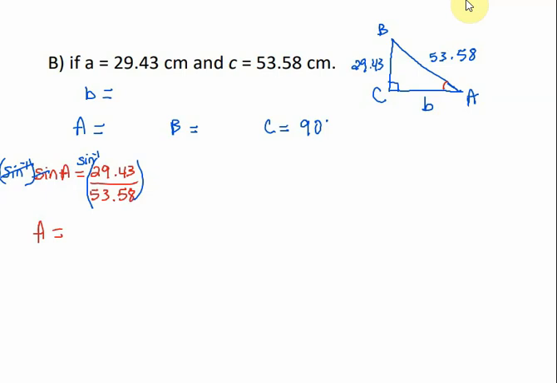So all we do is plug that into the calculator. Remember, you have to hit the sine button twice to get to sine inverse, and then plug it into the calculator.